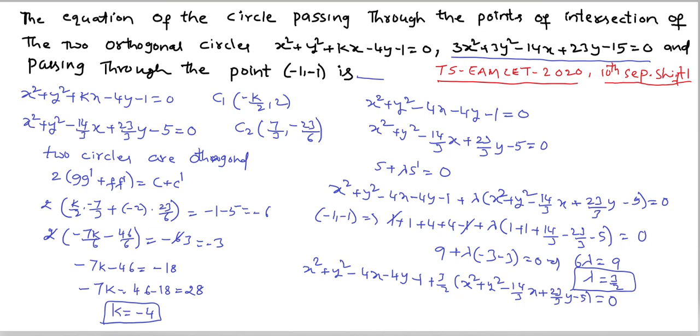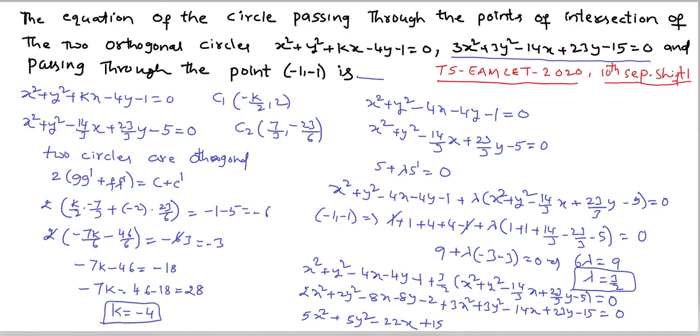So take LCM, that is 2: 2x square plus 2y square minus 8x minus 8y minus 2, plus 3 into x square, that is 3x square plus 3y square minus 14x plus 23y minus 15 is equal to 0. 2x square plus 3x square is 5x square, plus 5y square, minus 8x minus 14x is minus 22x, minus 8y plus 23y is 15y, minus 2 minus 15 is minus 17, is equal to 0. This is the required equation of the circle.